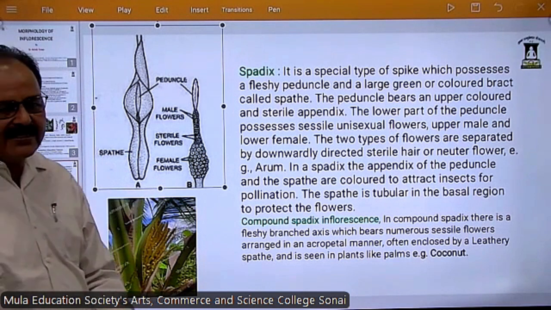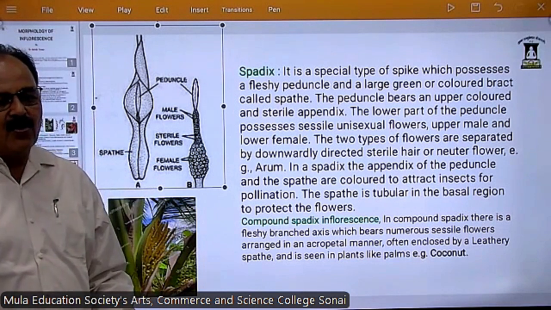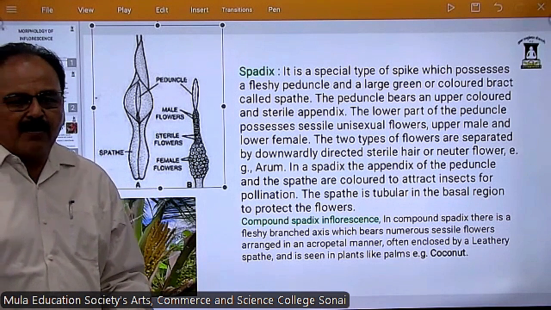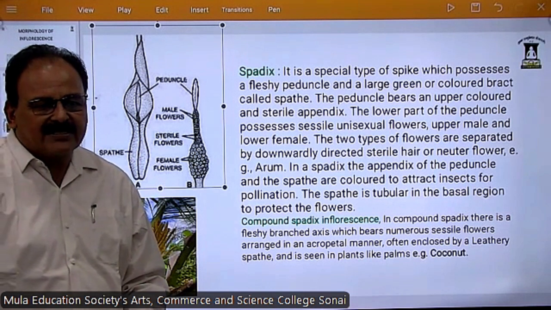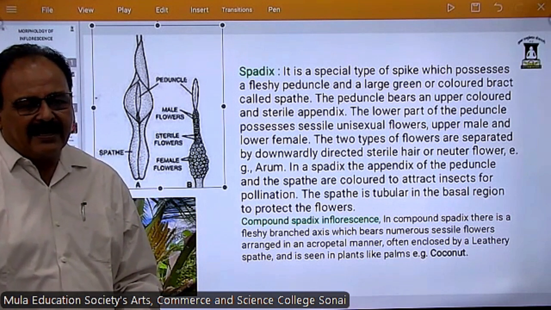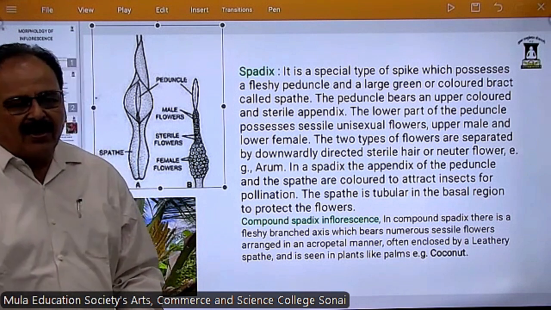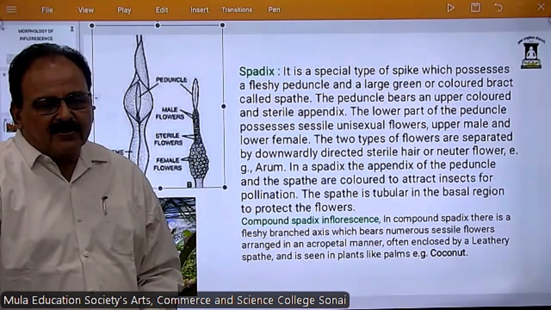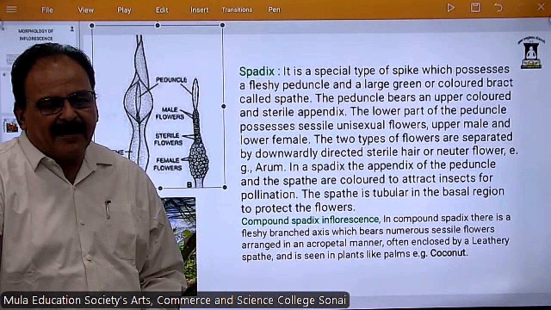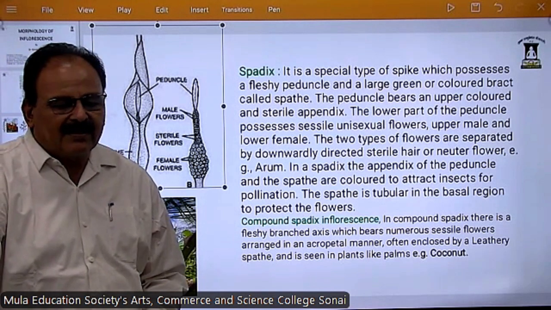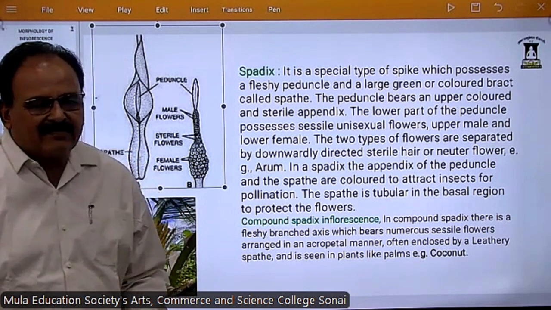An example of this is coconut. In compound spadix, there is a fleshy branched axis which bears numerous sessile flowers. They are arranged in an acropetal manner, often enclosed by a leathery spathe, and is seen in plants like palms, and their unique example is coconut.